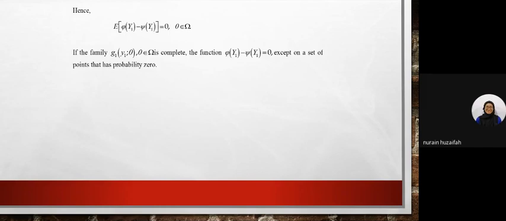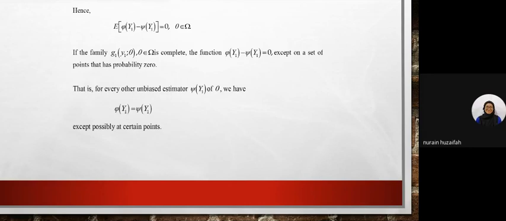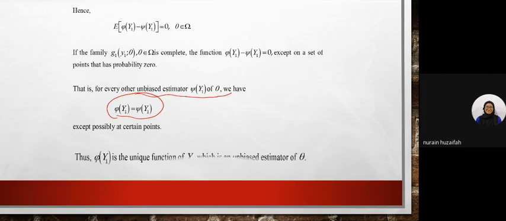If the family of g1(y1; theta) is complete, the function phi(Y1) minus psi(Y1) equals 0, except on a set of points that has probability 0. So for every other unbiased estimator psi(Y1), we will have phi(Y1) equals psi(Y1). So this determines the uniqueness. Thus phi(Y1) is the unique function of Y1 which is an unbiased estimator of theta.